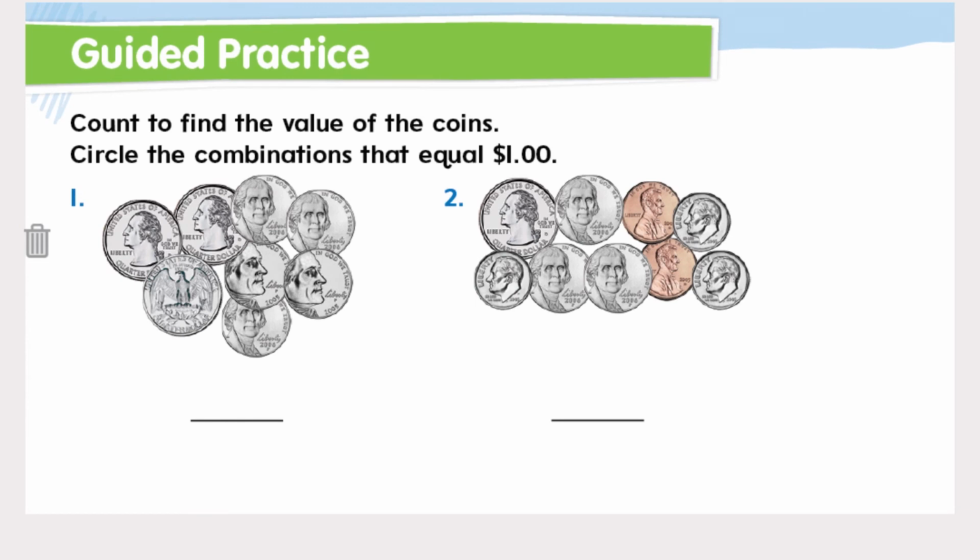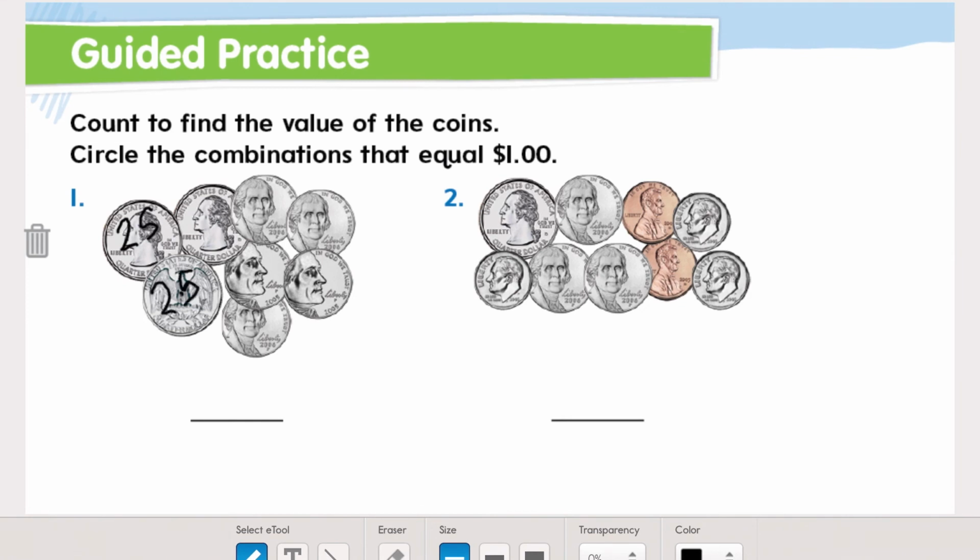We'll circle the combinations that equal $1. So let's see here. We're going to label these. So 25, this is the back of a quarter, so also 25, also 25, and then these are all nickels, so 5, 5, 5, 5, 5.